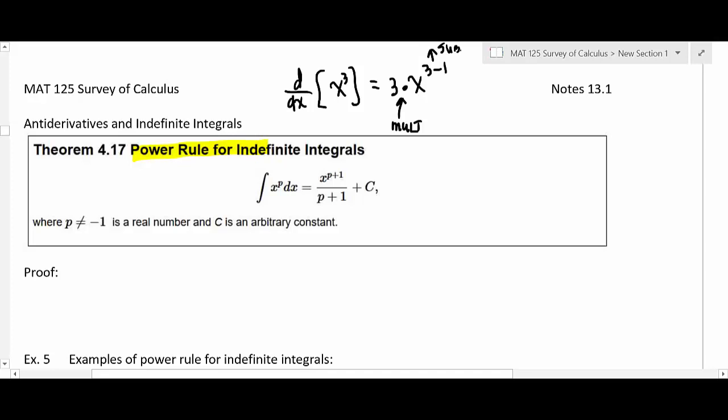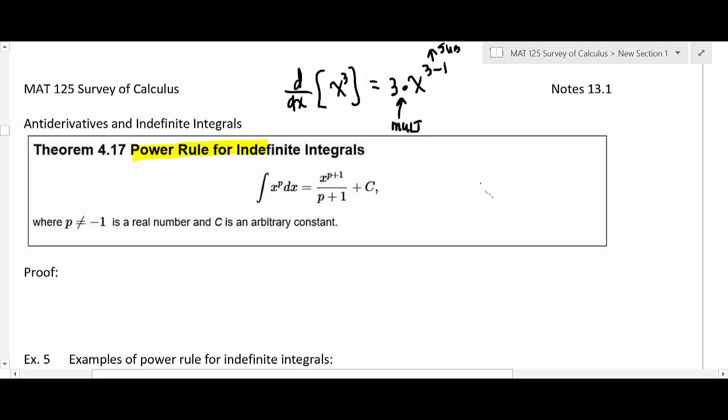That's the power rule. Now, if we're doing an antiderivative, we're going backwards. What is backwards of multiplying? Dividing. What's backwards of subtracting 1? Adding 1. So we're adding 1 to the exponent, and then instead of bringing that down, we're dividing by it. Before you were multiplying by 3, now you're dividing.